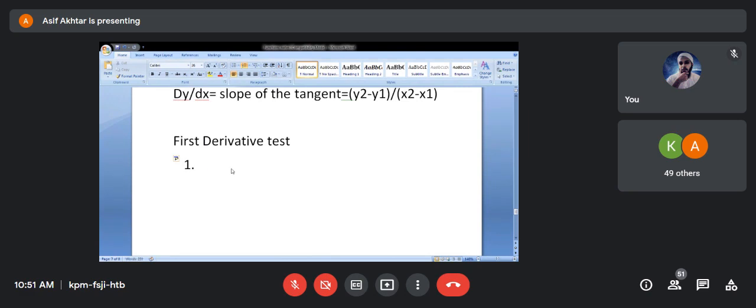According to the step-by-step procedure of the first derivative test, we have steps. What is the first step?